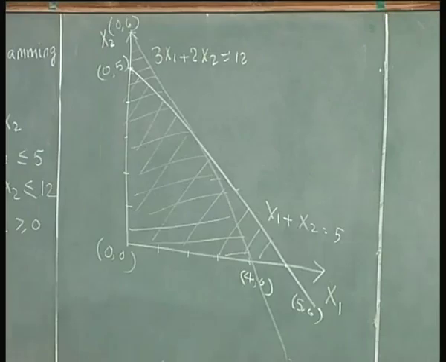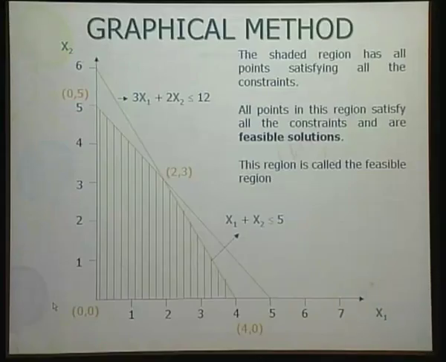You can see this on the graph sheet as well here. You find that the first one is between 5 0 and 0 5, the other one is between 4 0 and 0 6 which is shown here. The shaded region shown in this figure is actually the region that is common to both these constraints, this constraint as well as the other, and that alone is shown here in the shaded form.